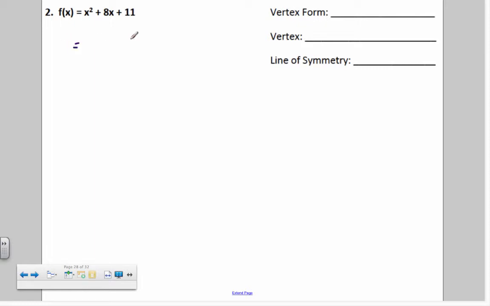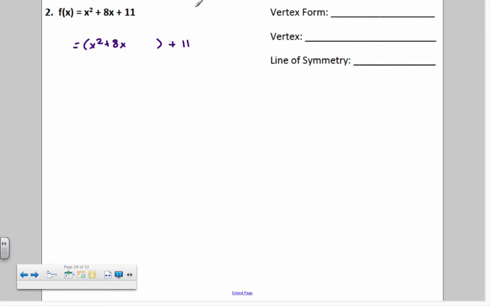So I'm going to do this where I have plus 11. Okay, and in parentheses, I'm going to rewrite the first part of my trinomial, x squared plus 8x. And remember, to have a perfect square trinomial, I need half of b squared, and that would be my ending trinomial. And we kind of checked that already.